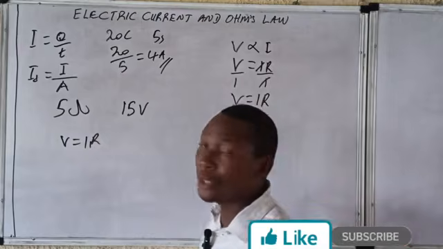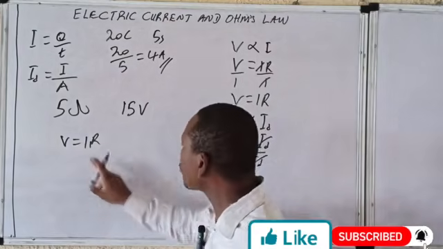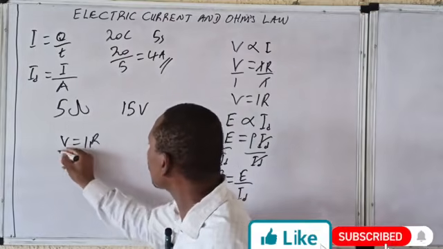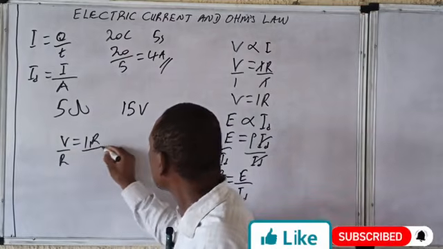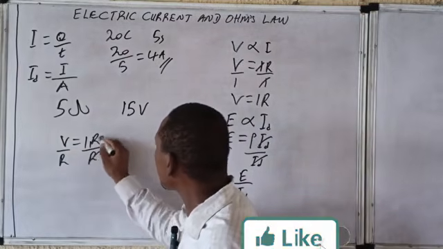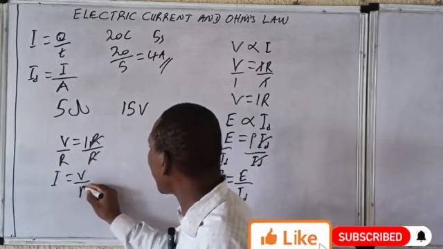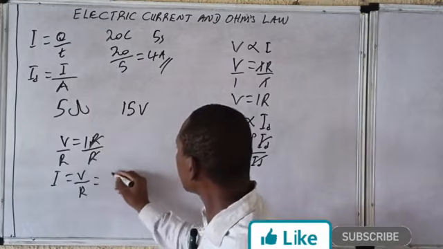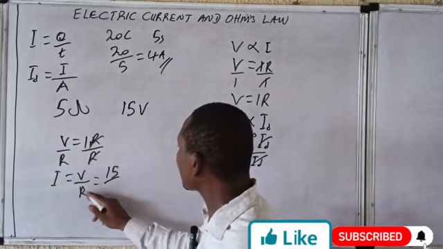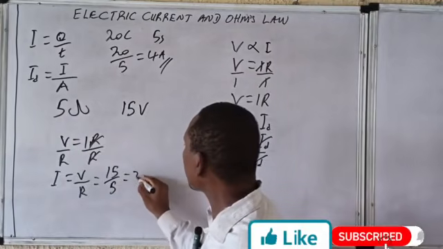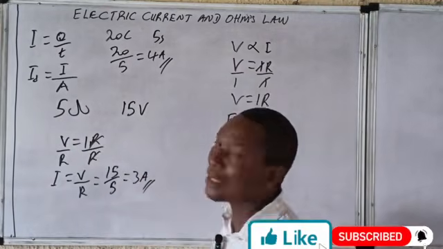And what are they asking you to calculate in this case? I. So you have to make I the subject of formula. So we divide both sides by R. So V over R equals I R over R. This will cancel out. So we now have I is equal to V over R. What is V? 15. What is R? 5. If you divide, you have 3 amperes. So this is the answer.